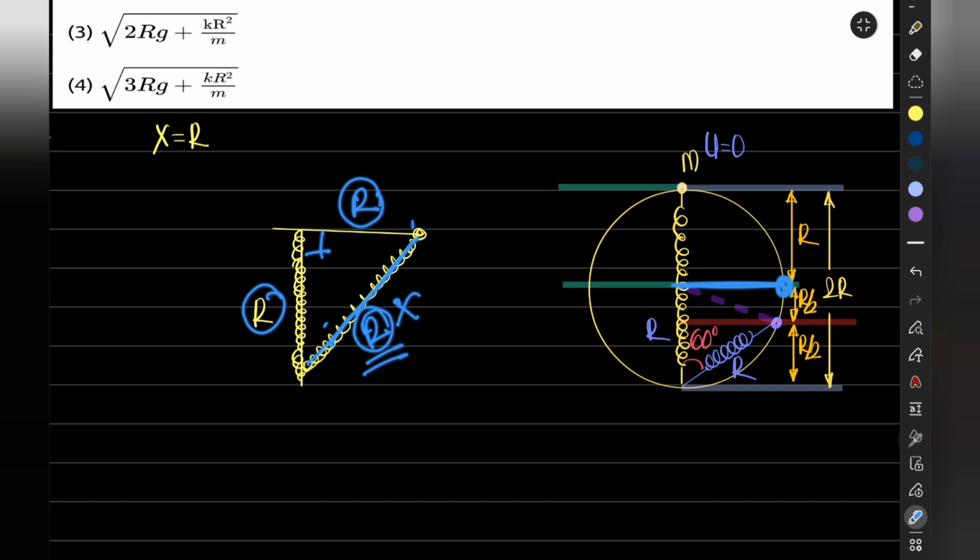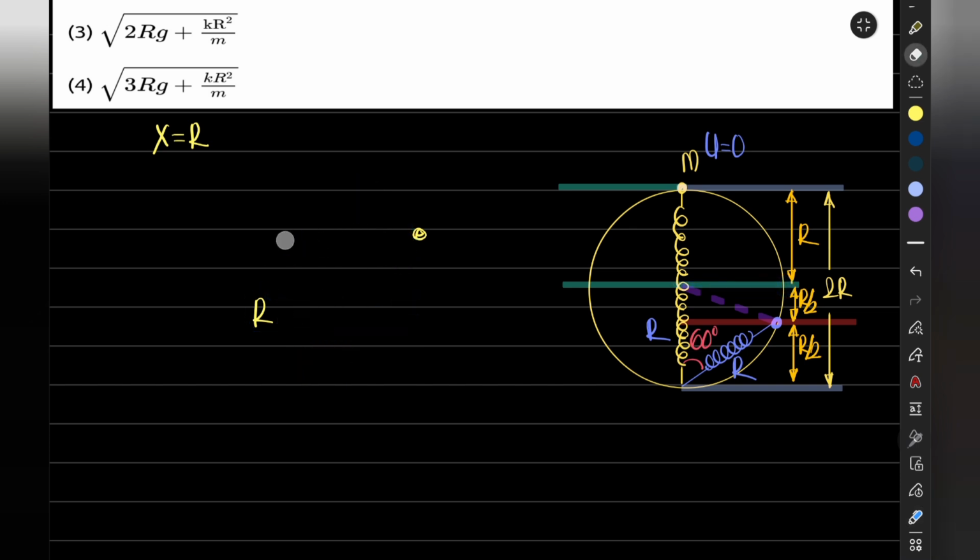We will have to move our bead somewhat in the downward direction, which we have already done here as you can see. This is the final position of the spring I have taken. Now this is the radius r, this is the natural length of the spring r.